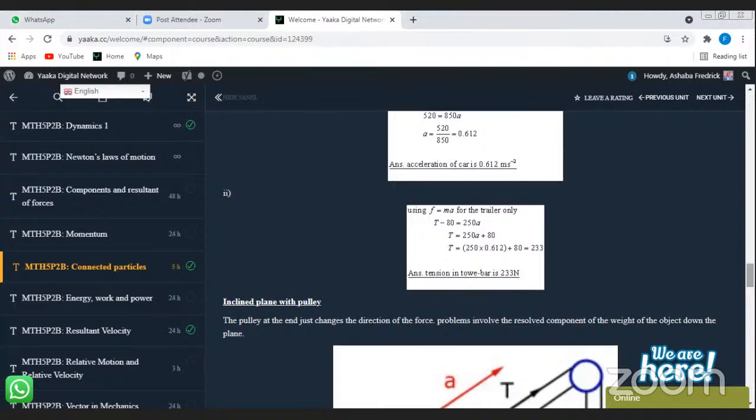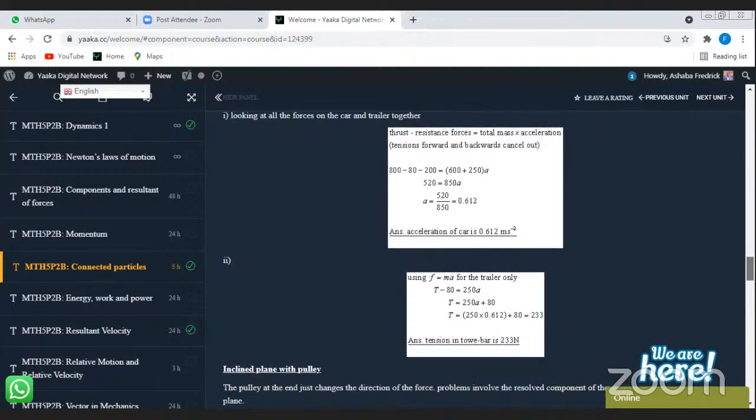Teacher, I was getting 243 because on my acceleration I was getting 0.65. I did 500 first, then divided by 800. No, there's something you left out.